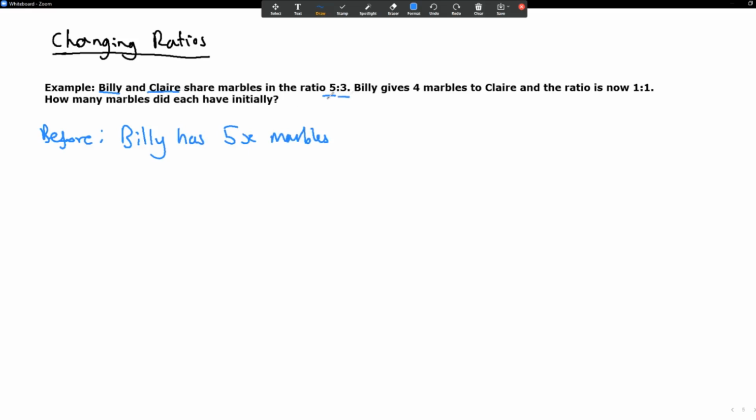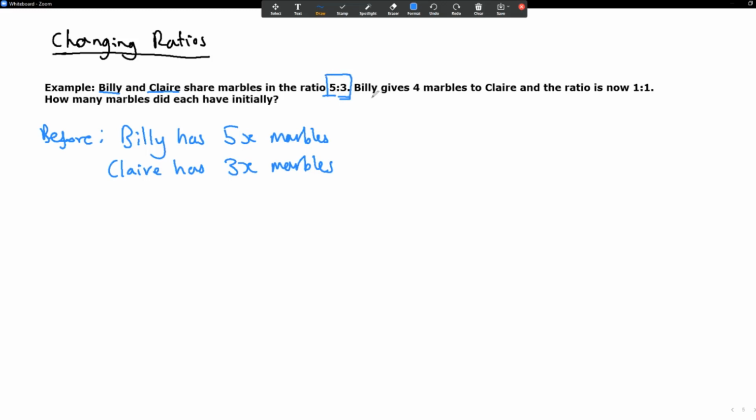And Claire has 3x marbles. The reason we can write it in this form is because it doesn't matter what x is, Billy's always going to have 5/3 times more marbles than Claire. So this ratio here will still hold no matter what x is.